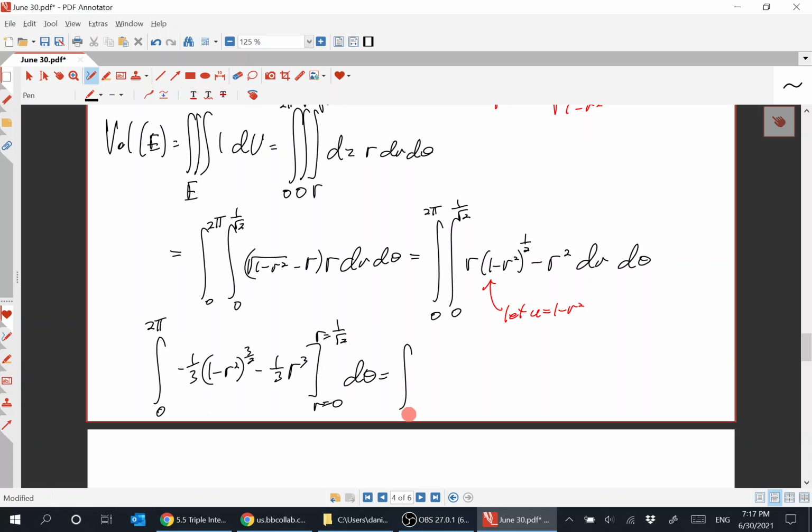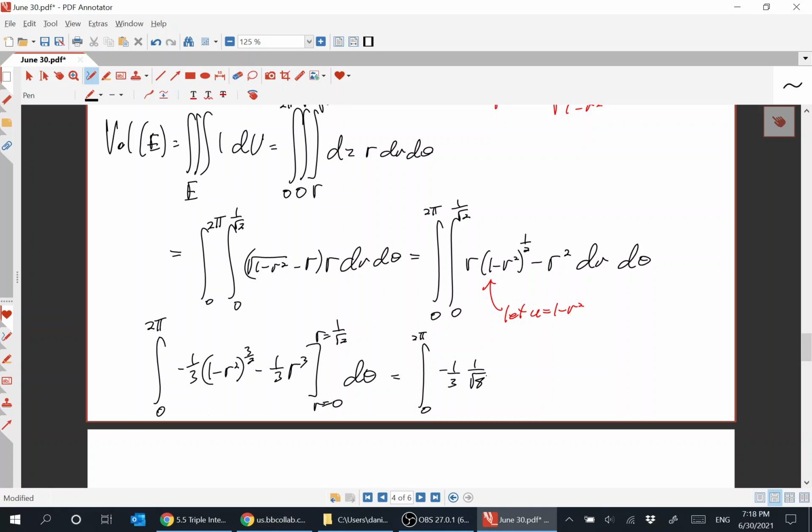So at 1 over root 2, this becomes a half. So 1 minus a half is a half. So 1/2 to the 3/2, 1/2 to the 3/2.